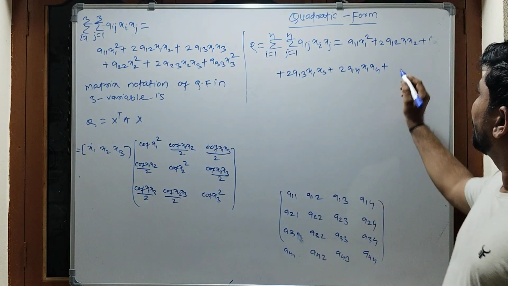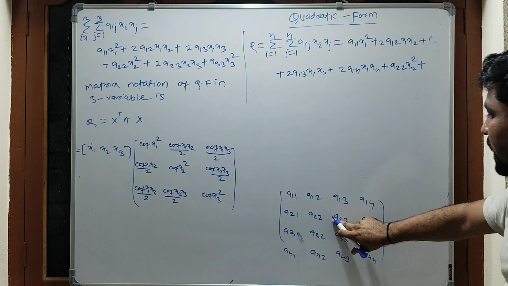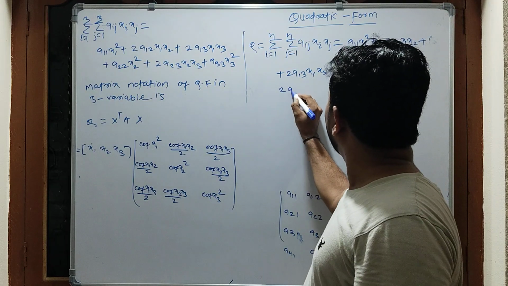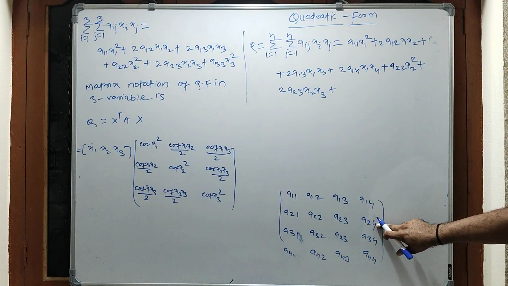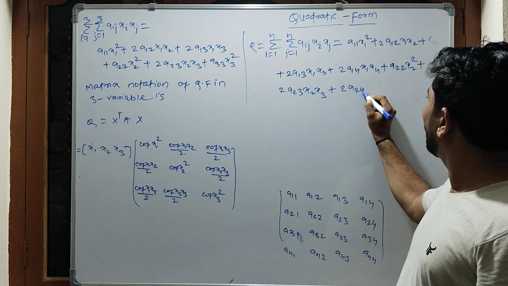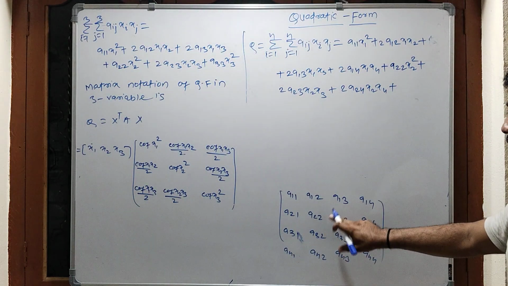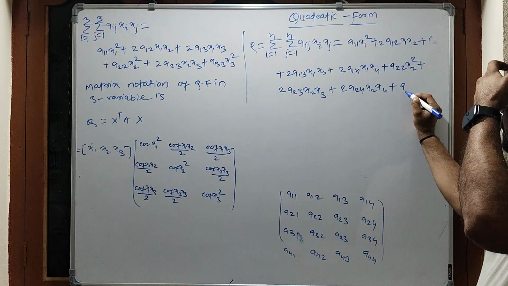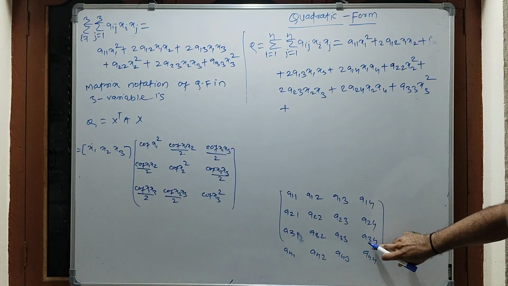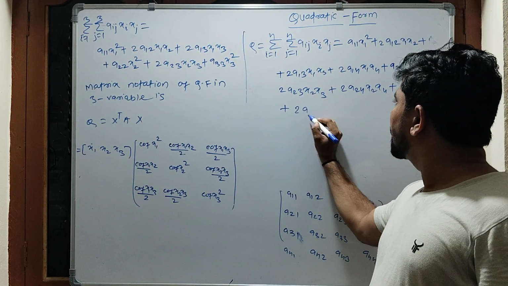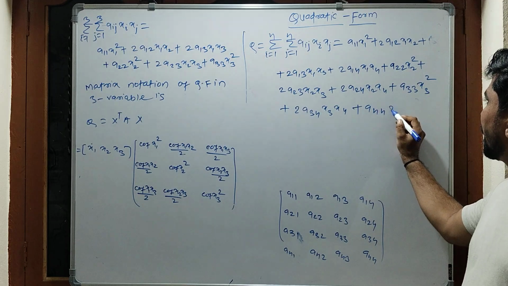Now come directly here: plus a22 x2 square plus, a23 is the same as a32, 2 times a23 x2 x3 plus a24 is the same as a42, 2 times a24 x2 x4. Now this is covered, come to a33 x3 square, plus a34 is the same as a43, so 2 times a34 x3 x4 plus a44 x4 square.